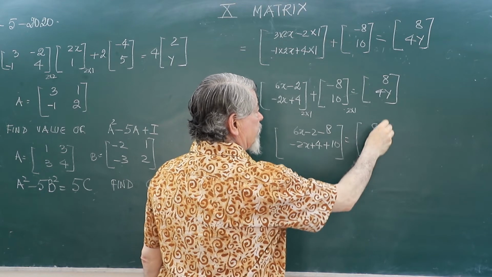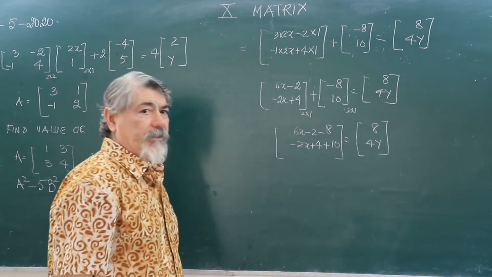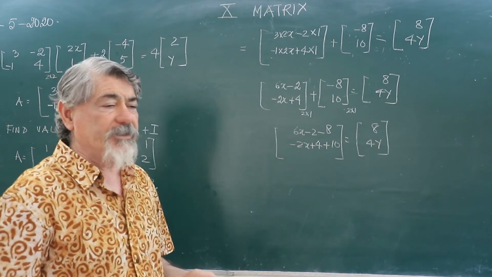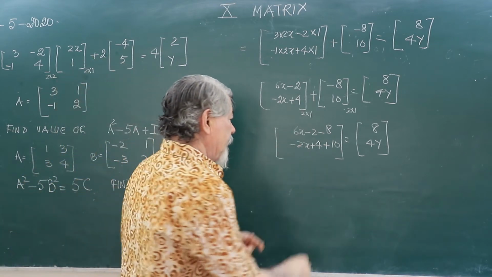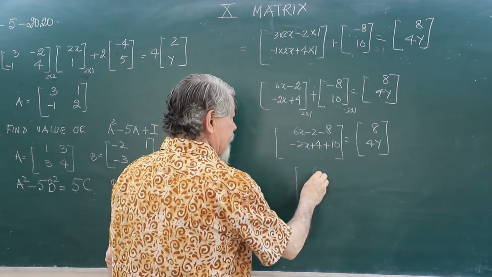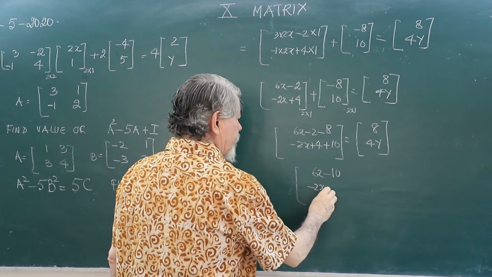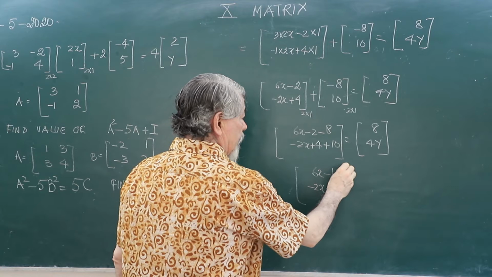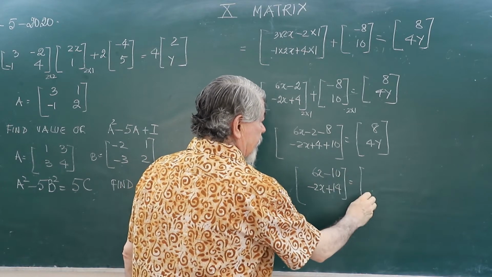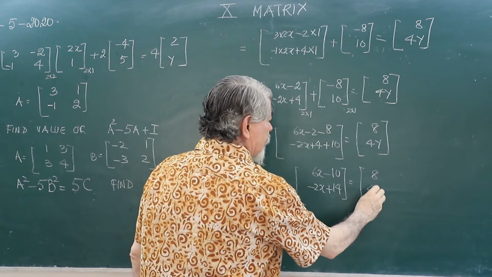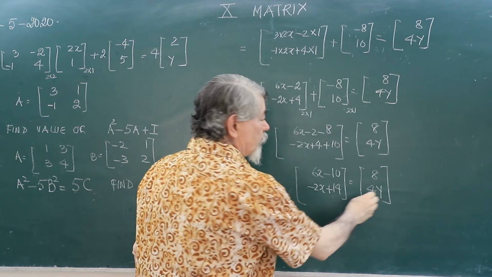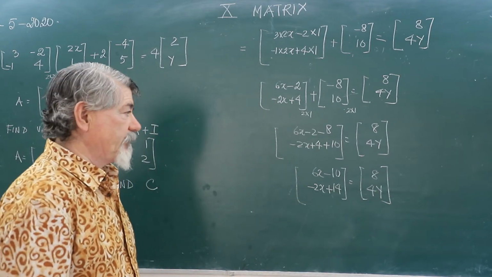And you know two matrices are said to be equal if their corresponding elements are equal. So here the elements are 6x minus 10 and minus 2x plus 14, and here the elements are 8 and 4y. So let us equate the elements, get two equations and find the values of x and y.